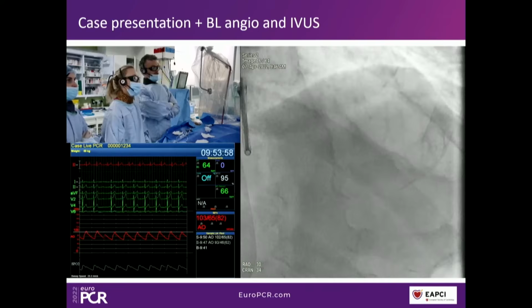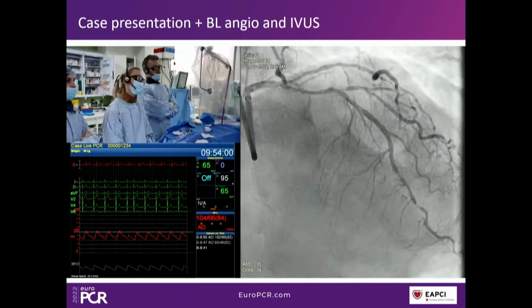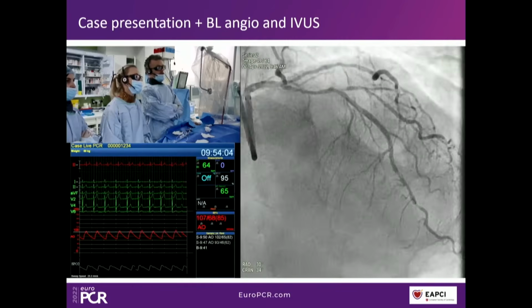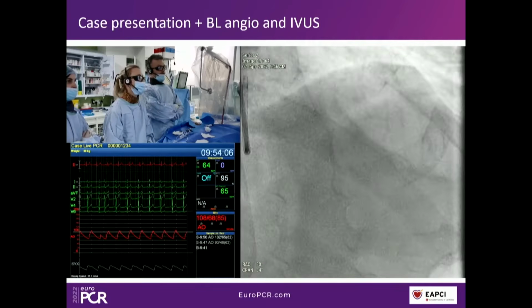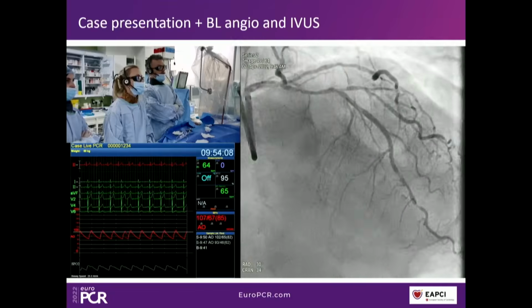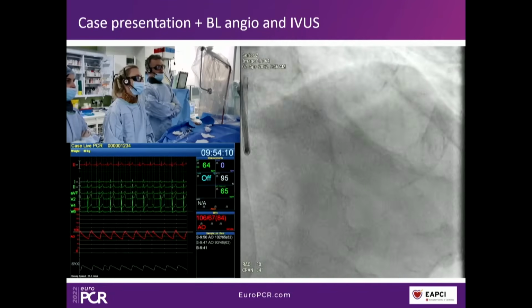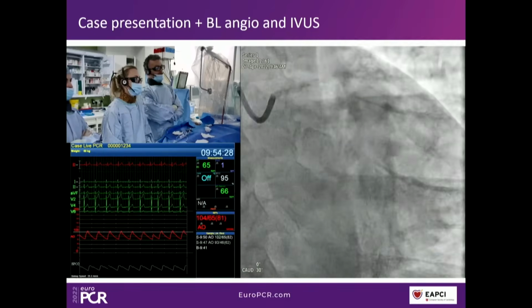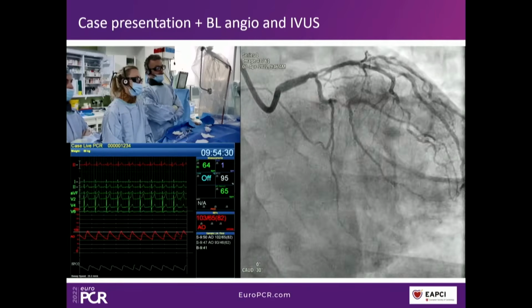There's further complexity in the proximal vessels, quite difficult to disentangle those, but you'll see from a caudal view that what you're seeing at your top right is a ramus branch, and the branch coming towards us is a first marginal which bifurcates off that ramus branch. You can see there's residual high-grade occlusive disease in the marginal branch.